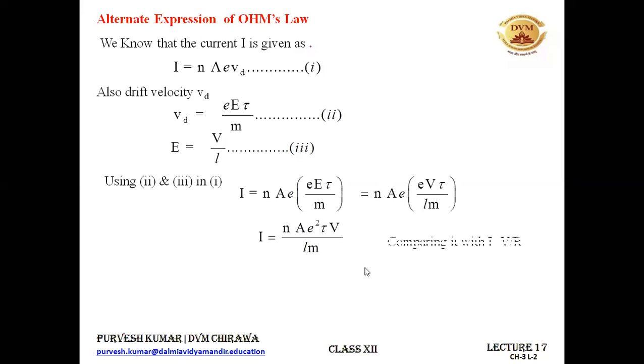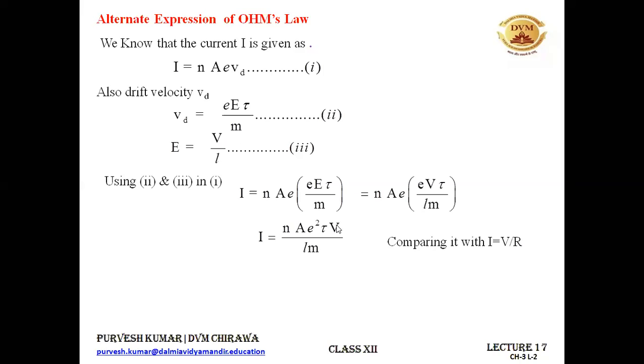Now you can compare this equation with I is equal to V by R. We know this from Ohm's law, I is equal to V divided by R. So if I compare, I can write 1 upon R is equal to nAe² τ divided by Lm.